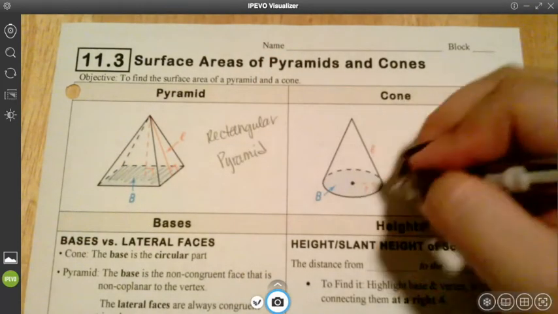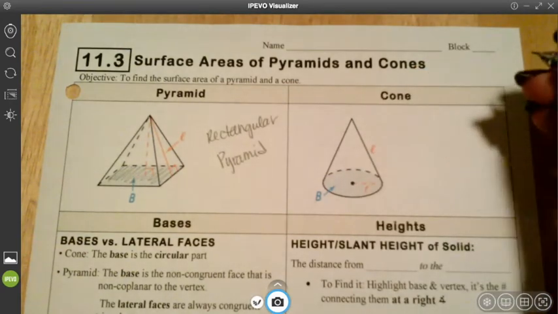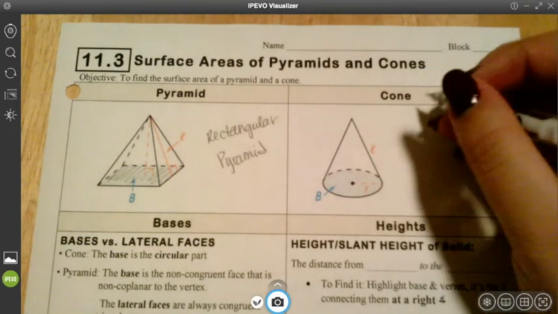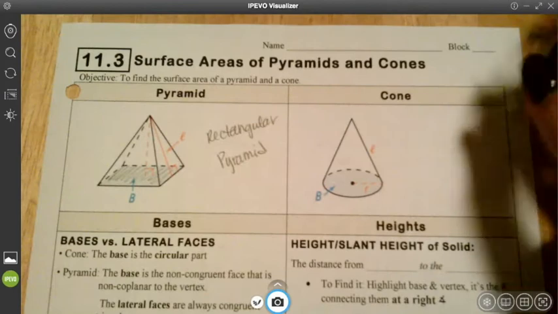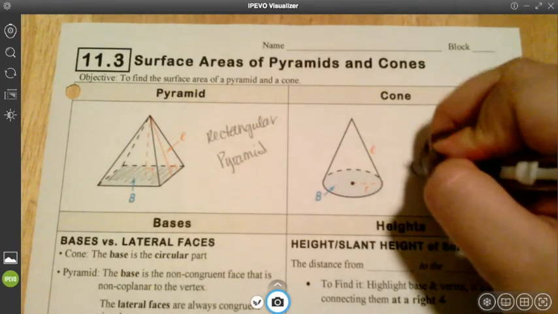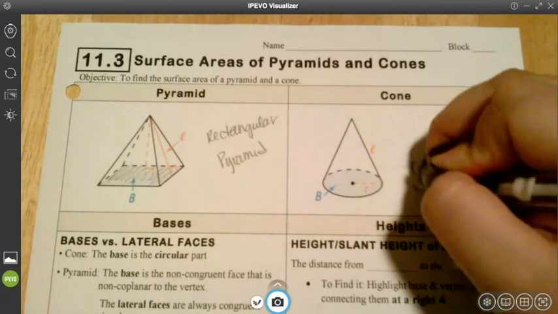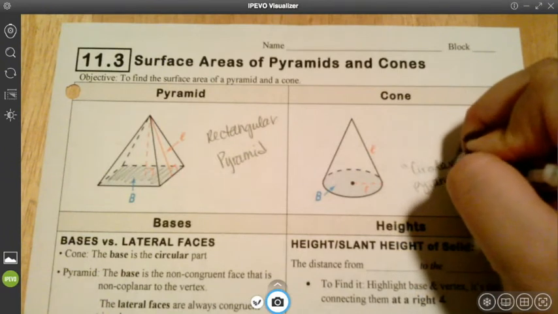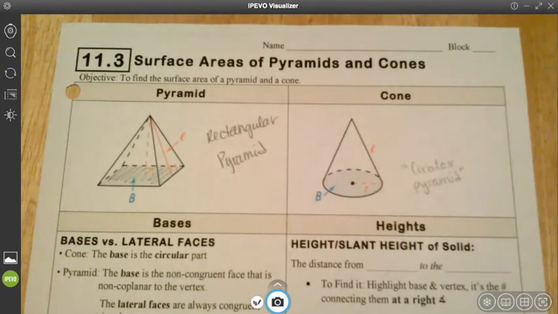And then this is a cone, so a circular pyramid, but we never use that term. We always call a circular pyramid a cone. We use cone as the special name for a circular pyramid.